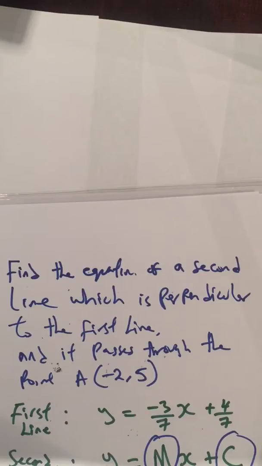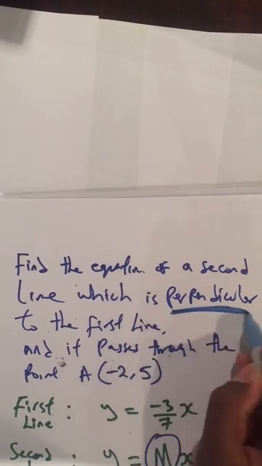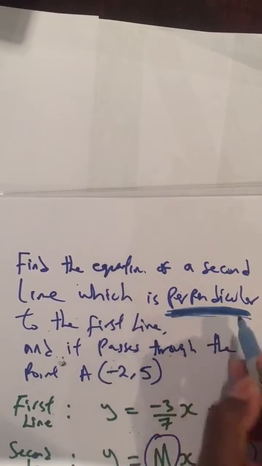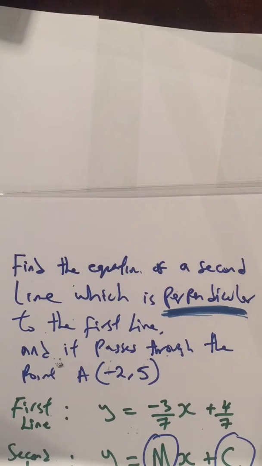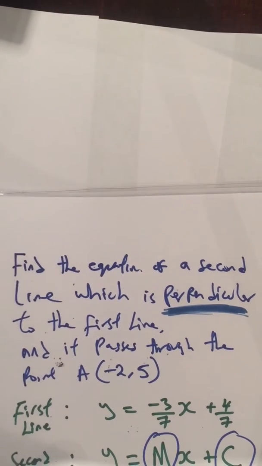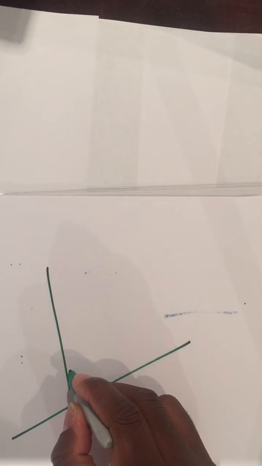But what's your m? The key word in the question here is the word perpendicular. And you just have to remember that there is something significant about that statement. I would quickly give you a short briefing on that. When you have two lines, one goes this way, the other one goes that way, and you're told that these two lines are perpendicular.